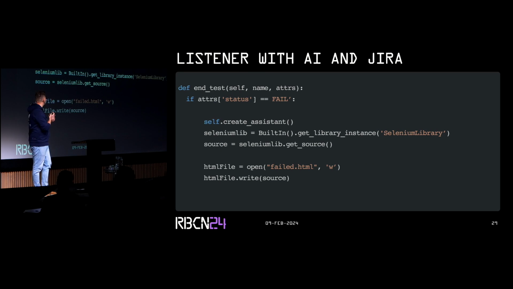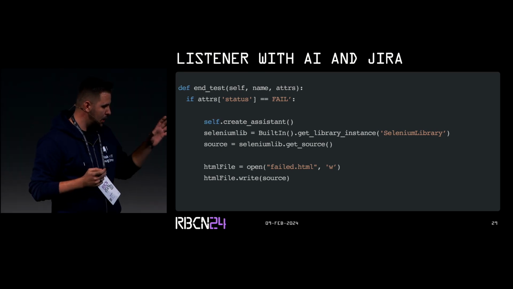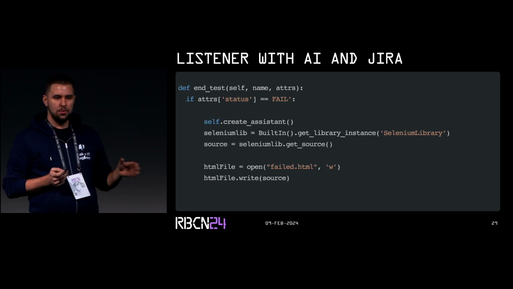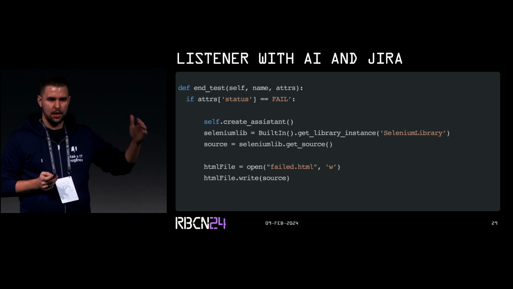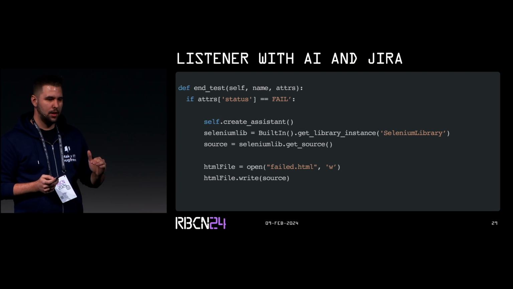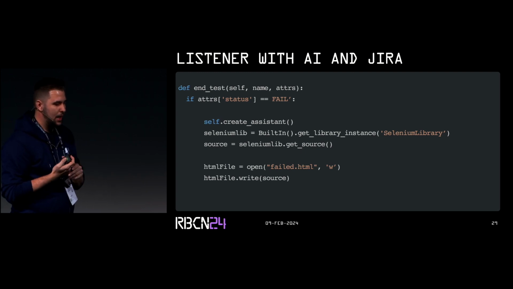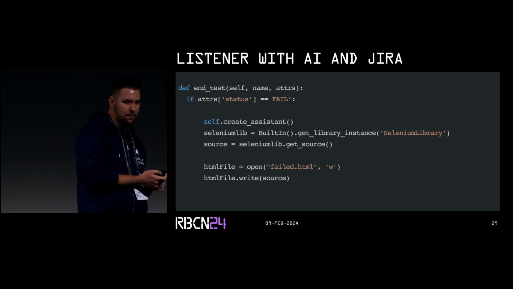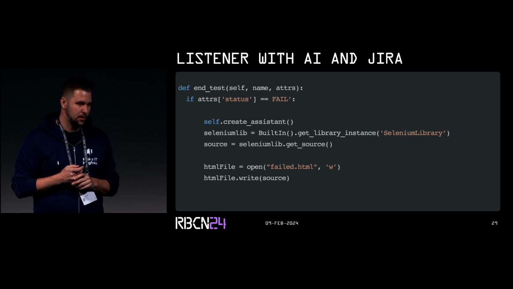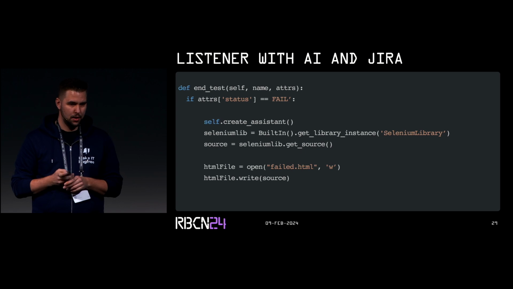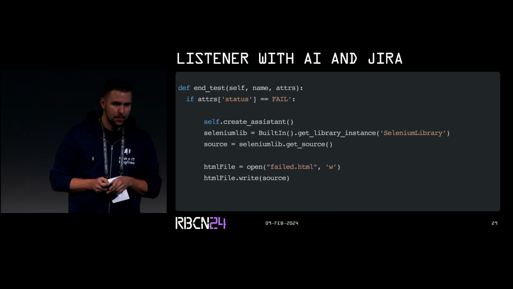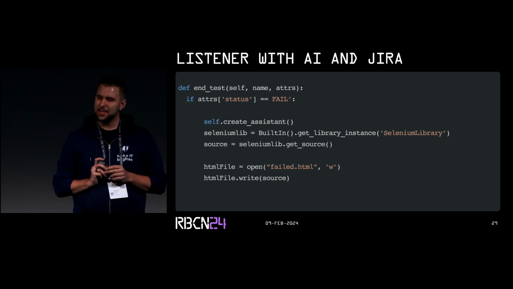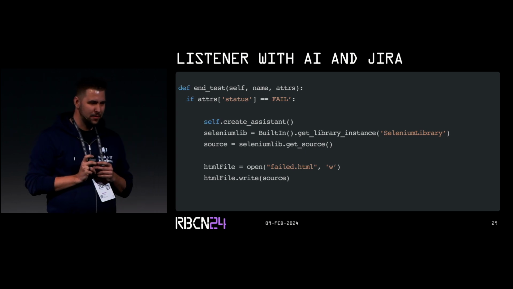So the implementation. Some of you may know listeners. If you don't, in a listener, we can tap into any event like start test, end test, start keyword, end keyword. In this case, we are tapping into the end test, and we are checking whether the test failed. In case it failed, we built the custom assistant inside the ChatGPT environment. And because we were working with Selenium, we do this really neat trick.